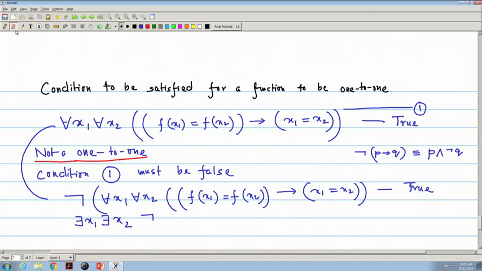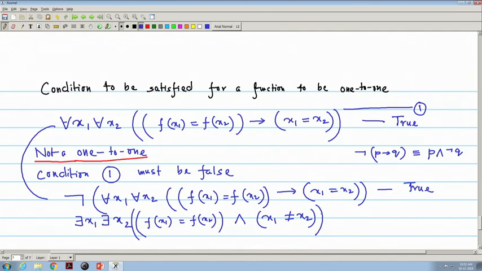So, directly I can write that f of x1 equal to f of x2 and negation of x1 equal to x2, which means x1 not equal to x2. So, this is the condition that, if it is true, we can show that the function is not 1 to 1.